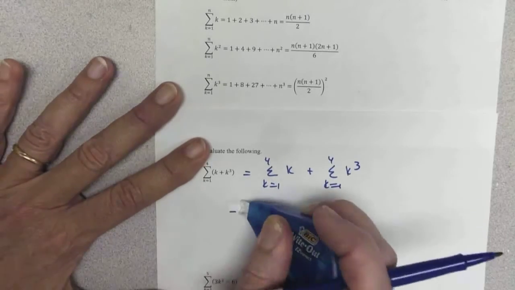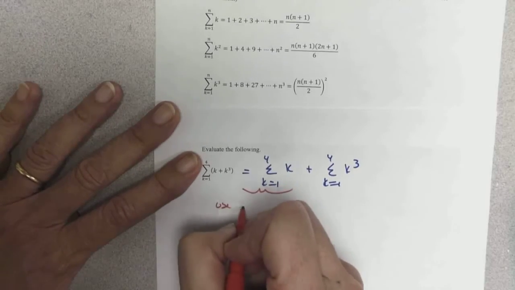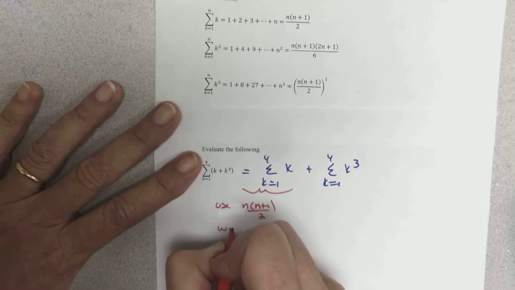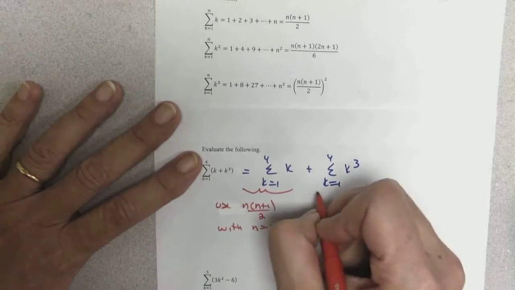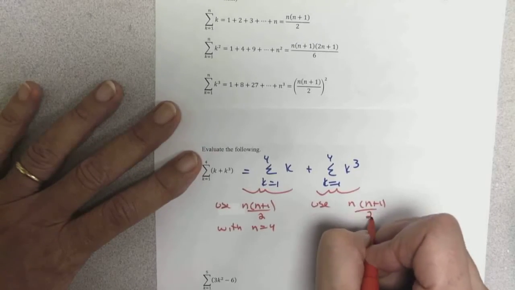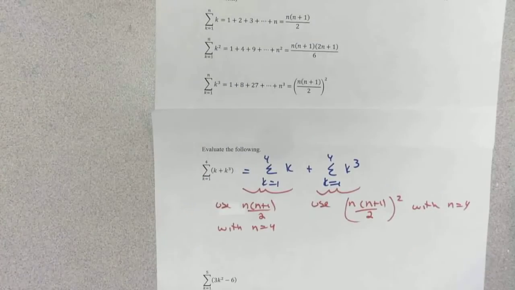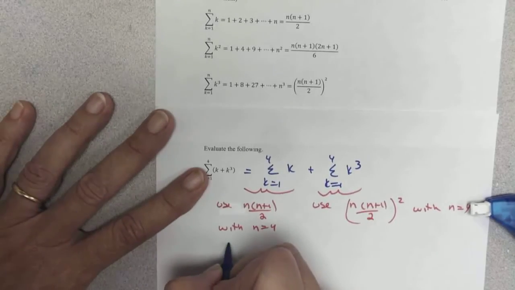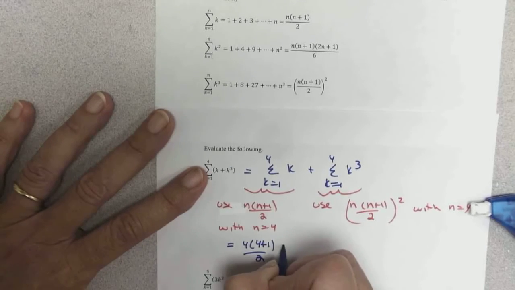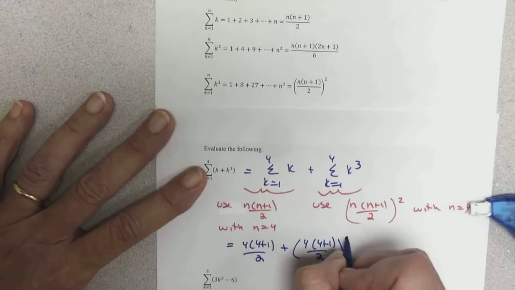We'll write that down in red here. Use n times n plus 1 over 2 with n equal 4. And over here we're going to use n times n plus 1 over 2, squared, with n equal 4. And so this is going to become 4 times 5 over 2 plus 4 times 5 over 2 squared.